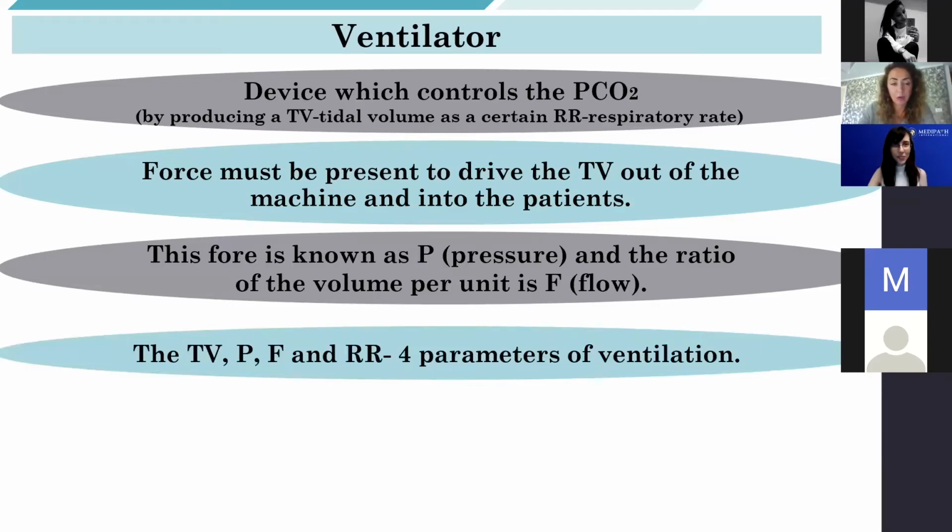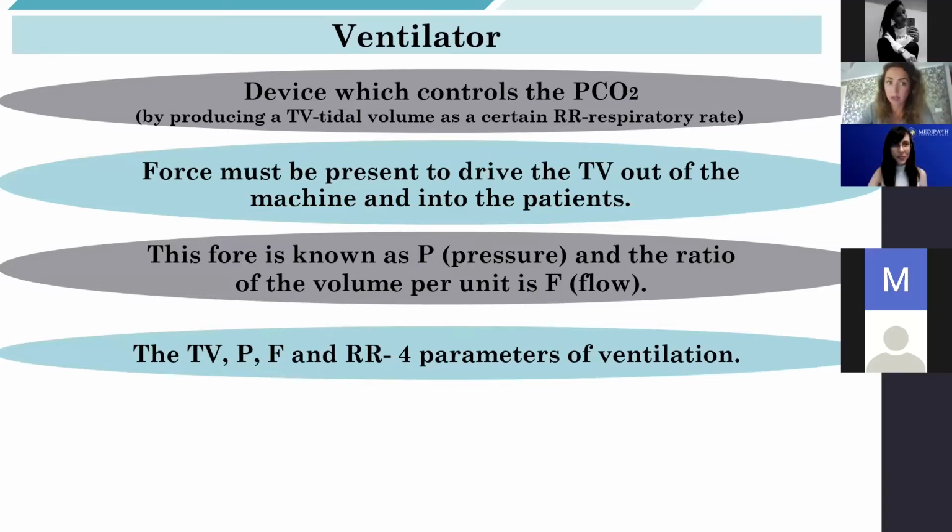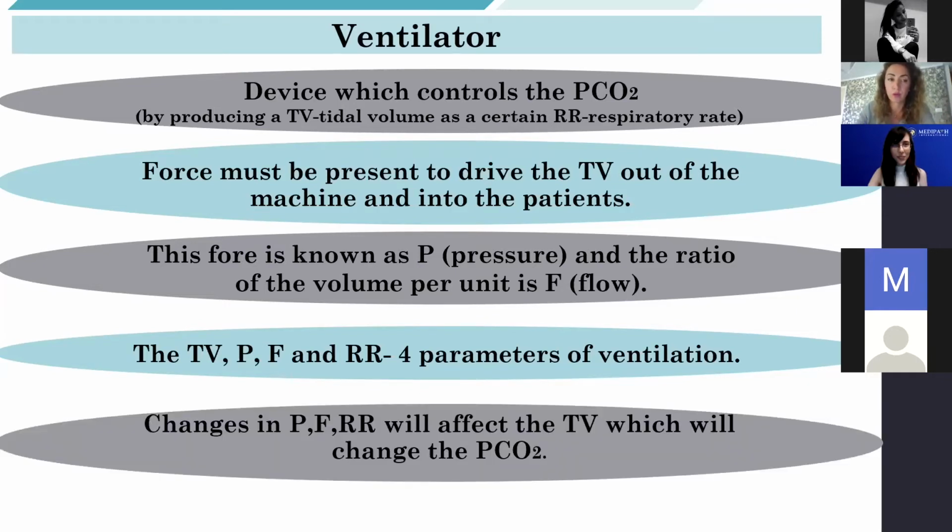The tidal volume, the pressure, the flow, and the respiratory rate are the 4 parameters of ventilation. So when you are setting a ventilator, you should always set these 4 parameters, because changes in pressure, flow, and respiratory rate affect the tidal volume, which will change the PCO2.